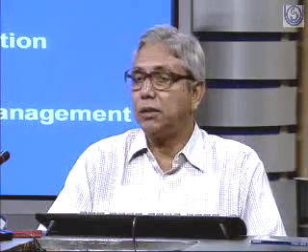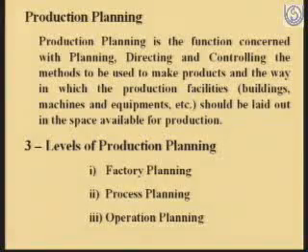Like shoe manufacturing, for a single shoe there are 60 to 65 operations. So each operation has to be planned. That is called operation planning. That means as we move from number 1 to number 3, starting from the whole system, gradually you are moving towards specific tasks, focusing on particular activities.